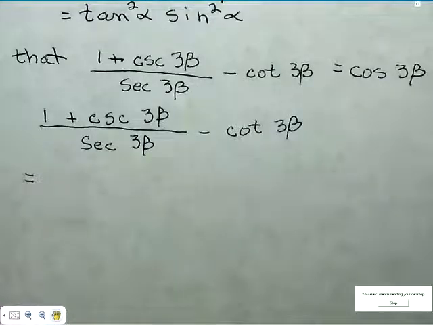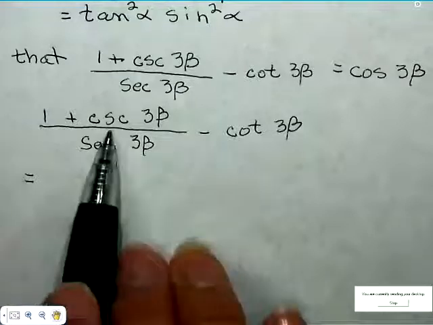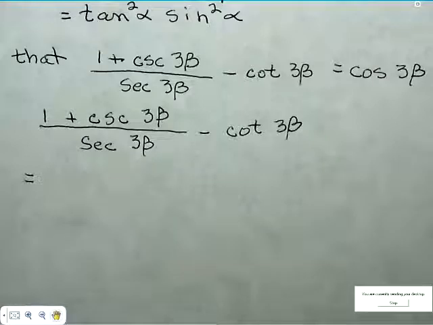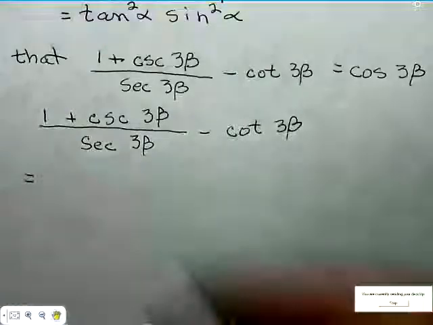Write it down, Tori. It seems like splitting up that fraction might be a good thing to do, or you could write cosecant and secant in terms of sine and cosine and then clean up the complex fraction. That'd be okay too. Splitting it up seems like something to try.